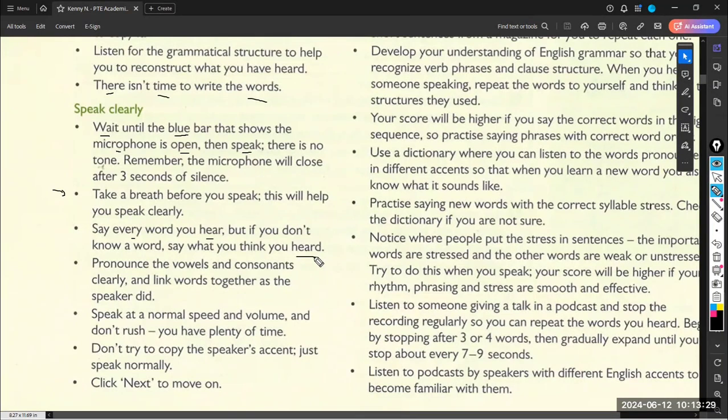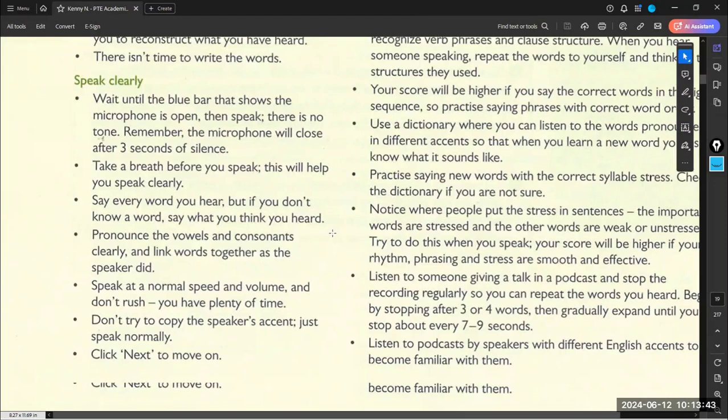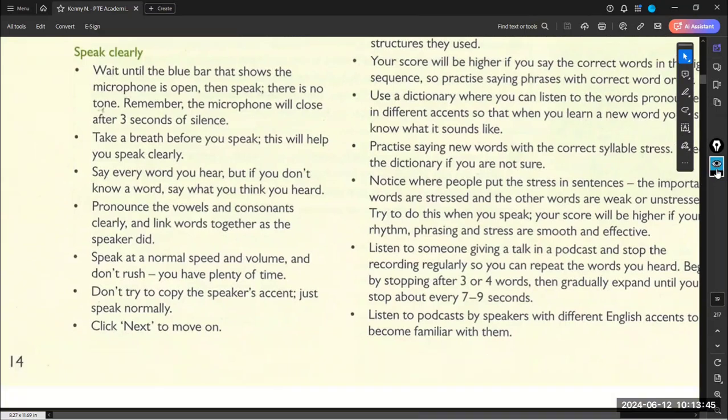That doesn't mean that you don't have to say it. You have to say it. Maybe the word that you say is going to be correct. So even if you are guessing, or if you don't know the way that you have to say the word, say it. Maybe it's going to be correct.